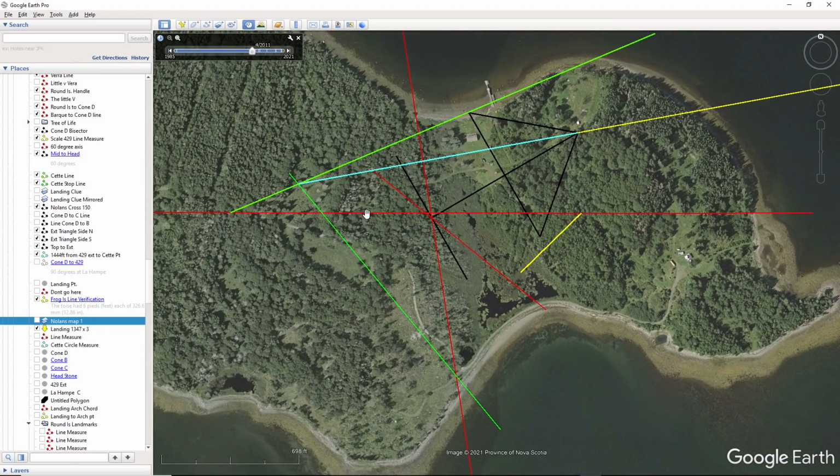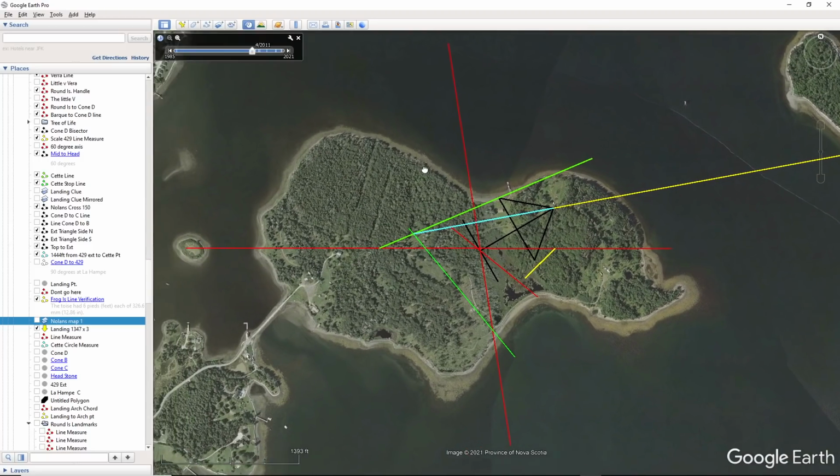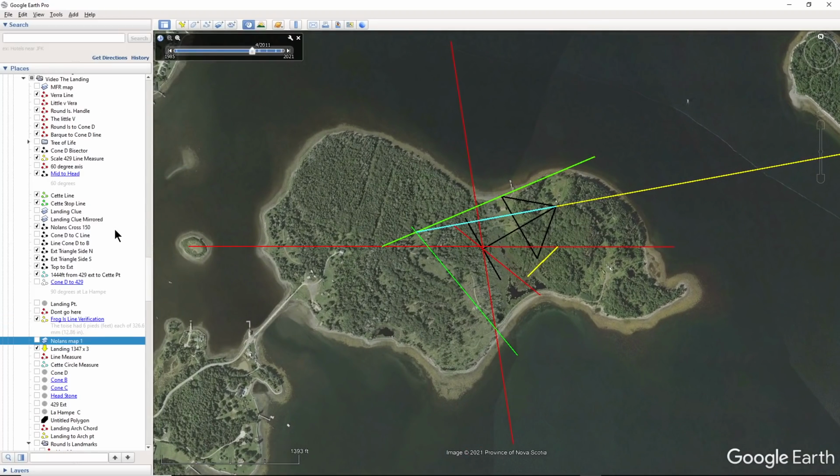So we have all these lines. It's very confusing, but we can see that some of them are no longer needed. One of those lines is this line, and the bark line is no longer needed. And the bisector really is no longer needed. That's no longer needed.